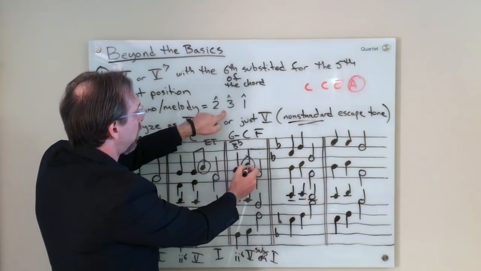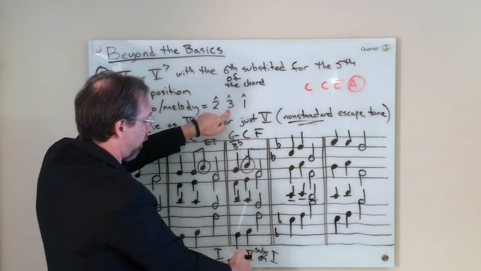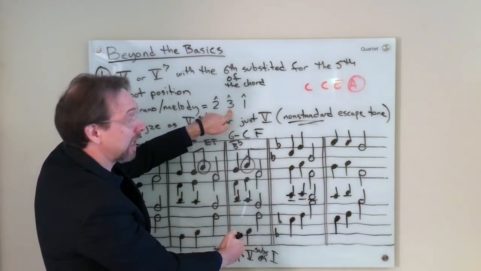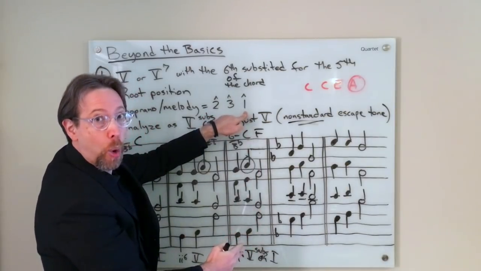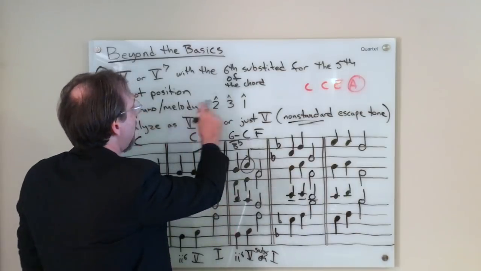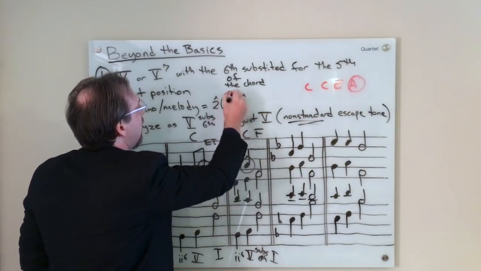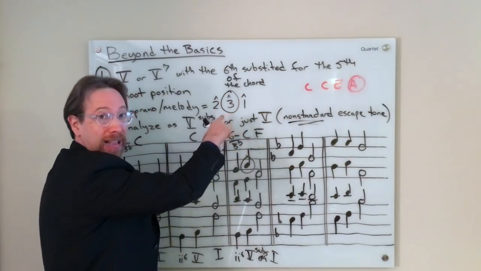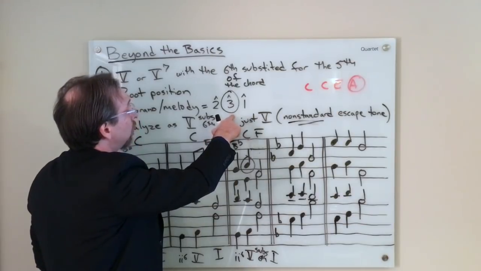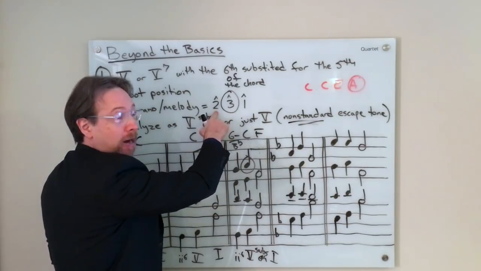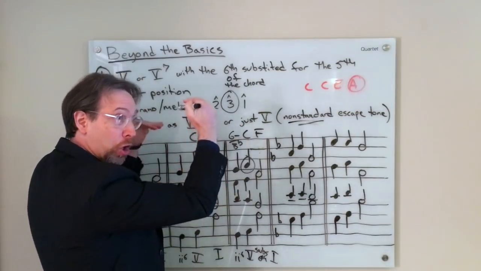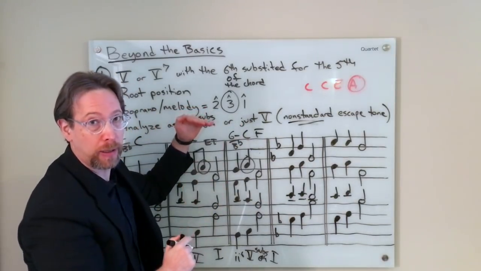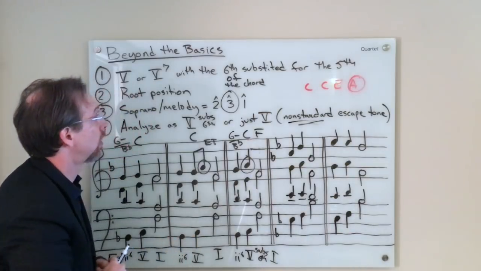We step up to scale degree 3 in our 5 chord, in our dominant, where we're making this substitution, and then we leap down to scale degree 1. And that's what needs to happen, all right? This is the point where we're getting that substitution on scale degree 3, but this is the way we prepare it, and this is the way we resolve it. And it occurs in the upper part, the most upper part, in the melody or the soprano.